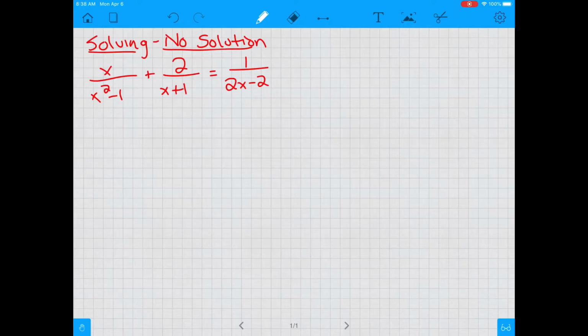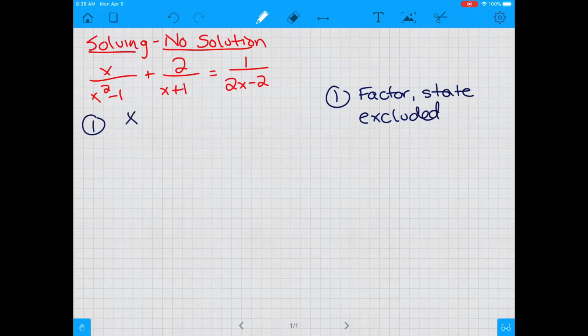So if you remember from last week, my steps are going to be the same. My step one is going to be factor and state your excluded values. If I look at the example that we have here, the factoring part's pretty easy. x plus 1, x minus 1. The second term here, x plus 1, I can't do anything with.